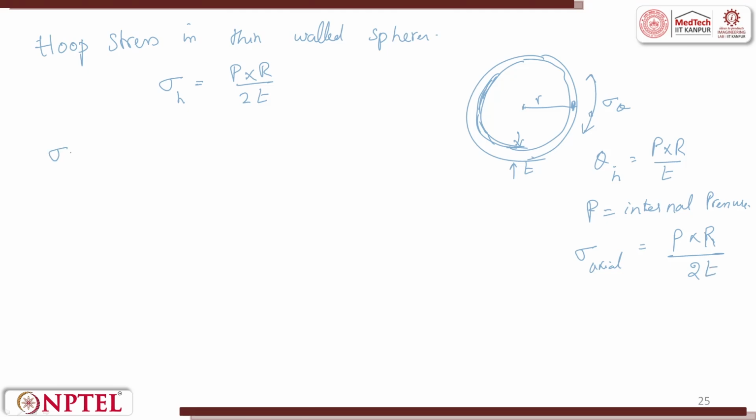Here sigma h is the hoop stress acting along the surface of the sphere, P is the internal pressure, R is the radius of the sphere, and T is the wall thickness.